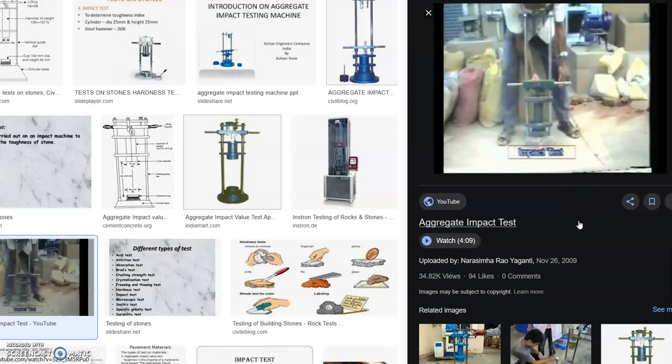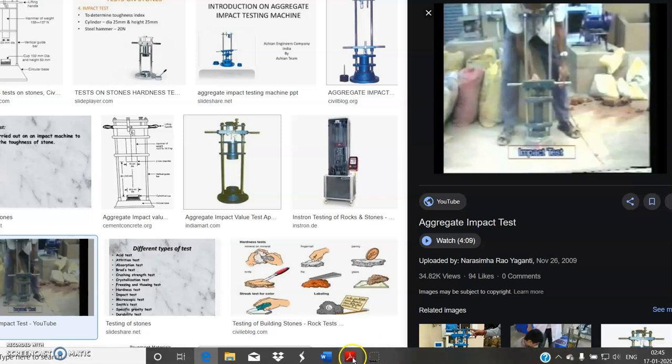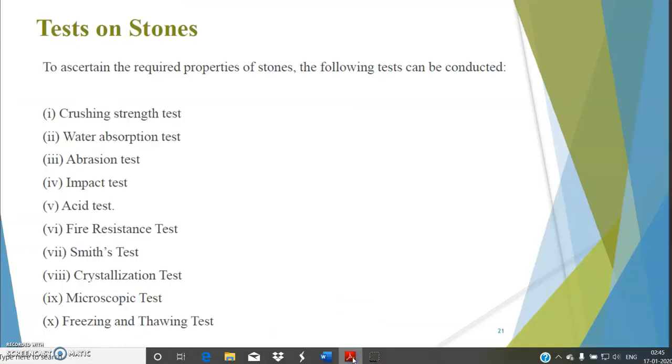There is a standard procedure for that. So there will be 25 blows, and the initial weight, final weight, and the weight of the drop-down hammer are all put in a formula, and finally the impact value of your aggregate is found out.